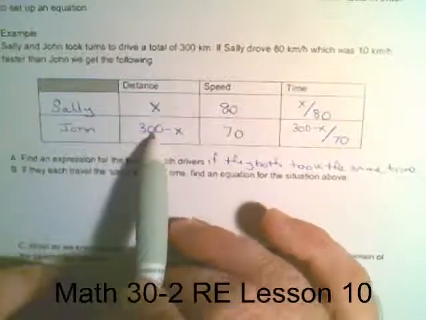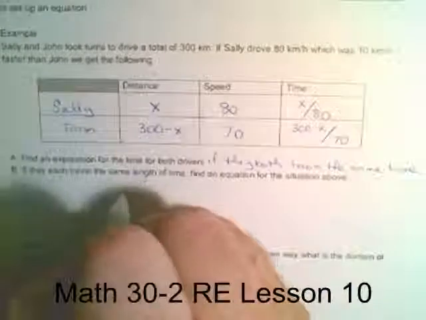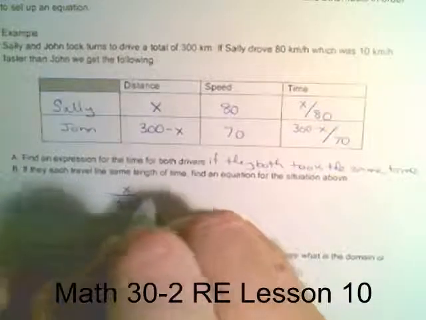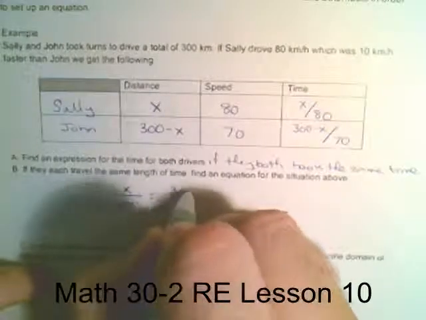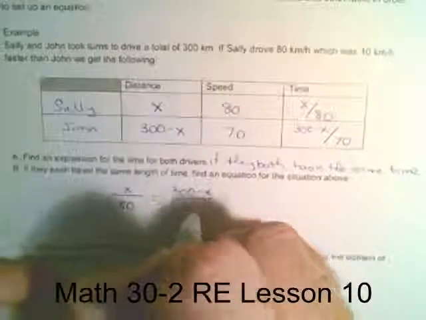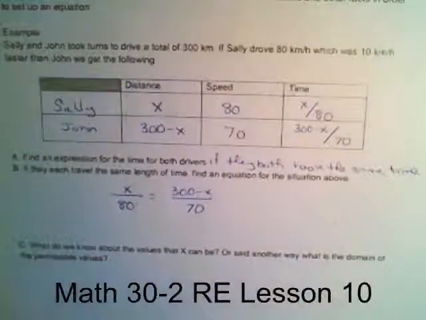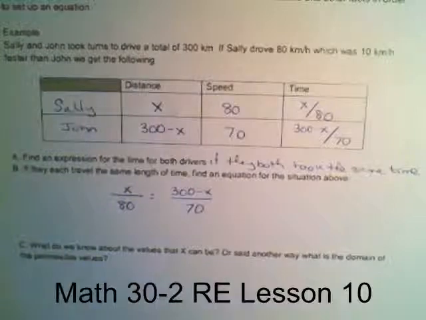It was just an error in the dictation, I think. If they both took the same time, then I need to pick the x, 300 minus x. If these two times are the same, then my equation is x over 80 equals 300 minus x over 70. And that is my equation.